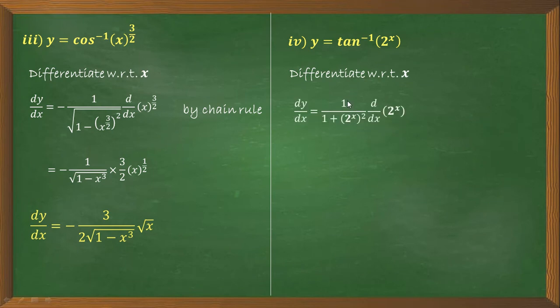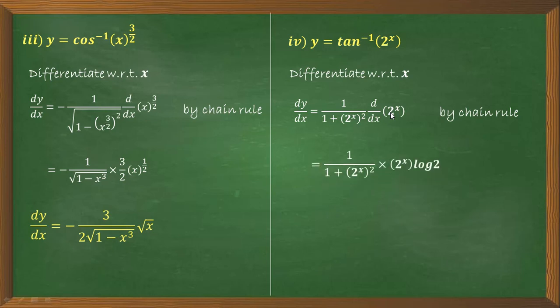See here, it is 1 upon 1 plus 2 raised to x bracket square into d by dx of 2 raised to x. See here, in place of x there is 2 raised to x. This is by chain rule.